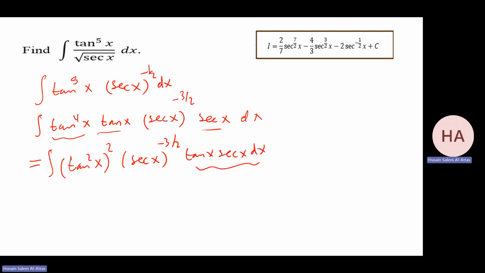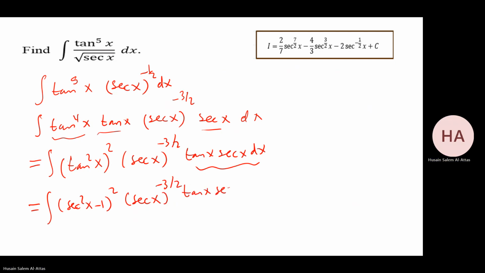Now this is my du, but tan² will be what? Like what we did before, (secant² − 1)² times secant x to the power minus 3/2 tan x secant x dx. Now if I let u be secant x, what will be du? It will be secant tan.